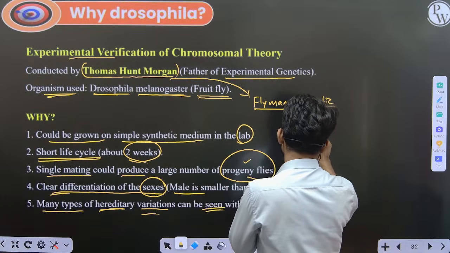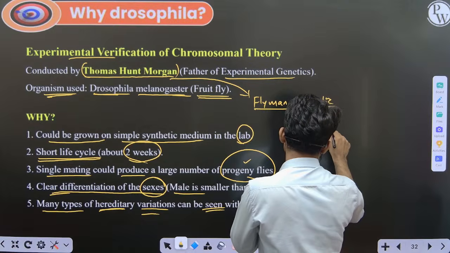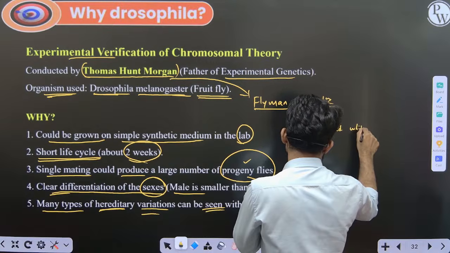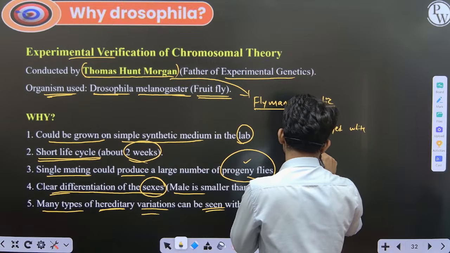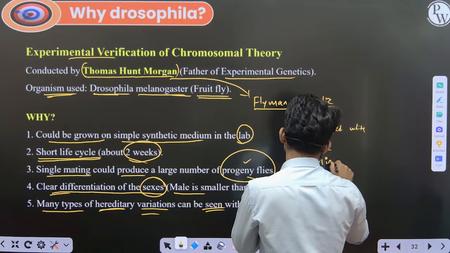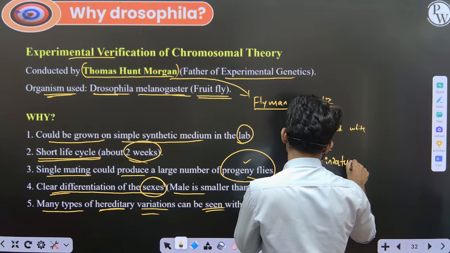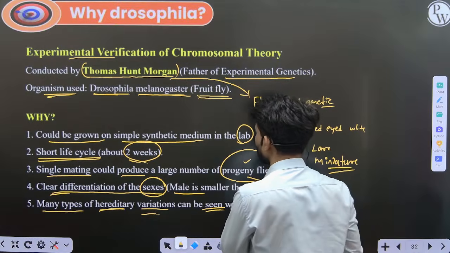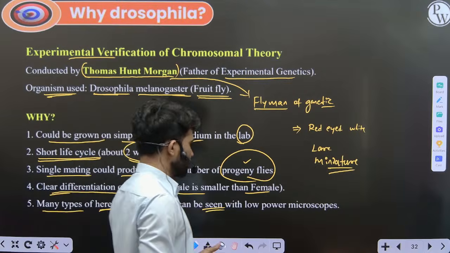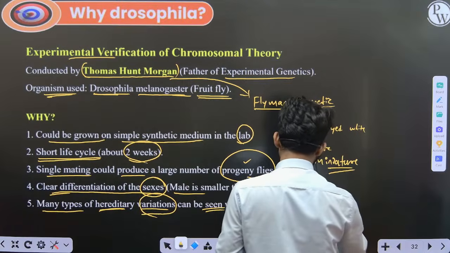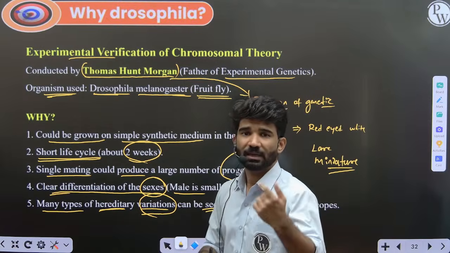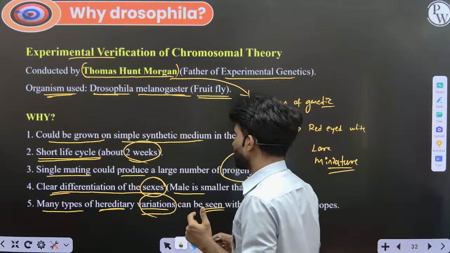Some are red-eyed, some white-eyed, some have large wings, and some have variations in the organisms, visible even under a low power microscope. That is why he selected it for this experiment.